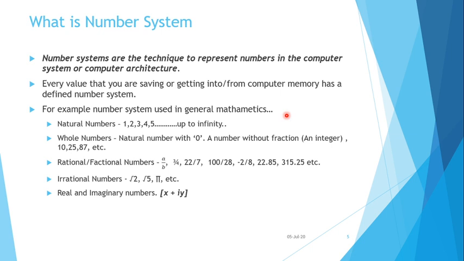Let us start with the question: what is a number system? Number systems are the technique to represent numbers in a computer system or computer architecture. Every value that you are saving or getting from computer memory has a defined number system.